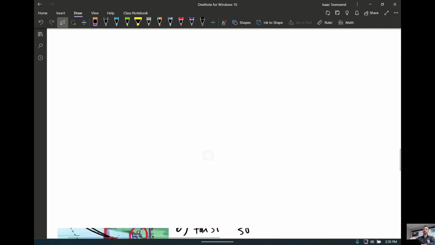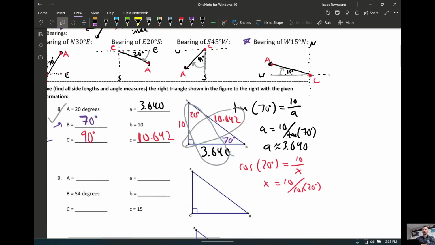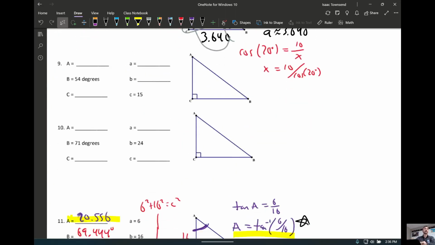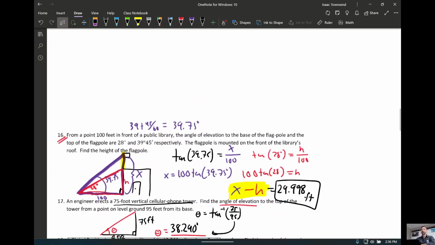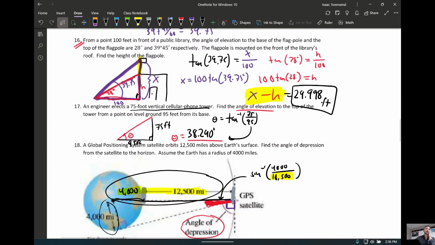About half of the quiz will be what you did last class and for homework, just generic triangles, find sides, find angles. And about half of your quiz comes from word questions like these.